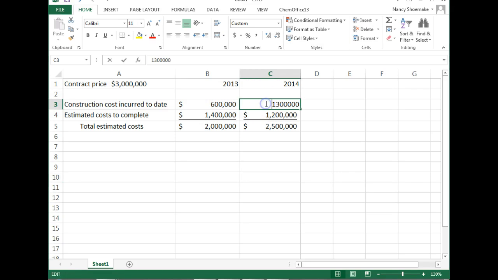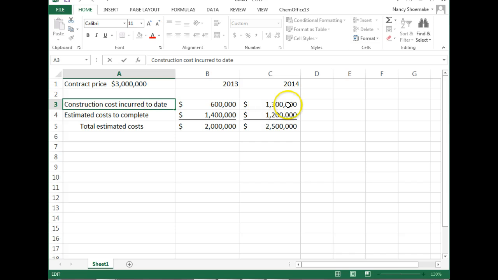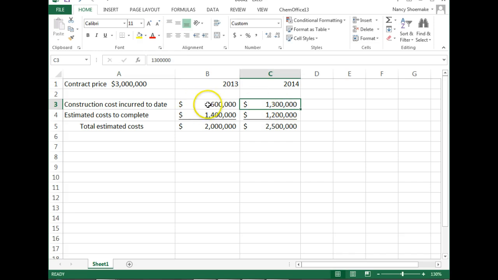For 2014, construction cost incurred to date, this 1,300,000 is going to be what we incurred in 2013 plus what we incurred in 2014. We've got to keep a running total because things are going to change. Okay? Yes. But then wouldn't the next one down for 2014 be 2.6 million?